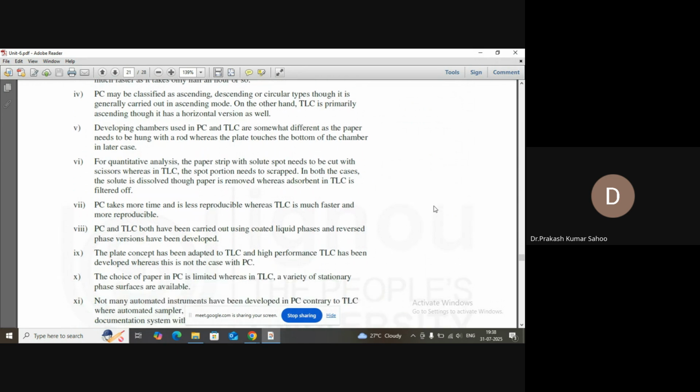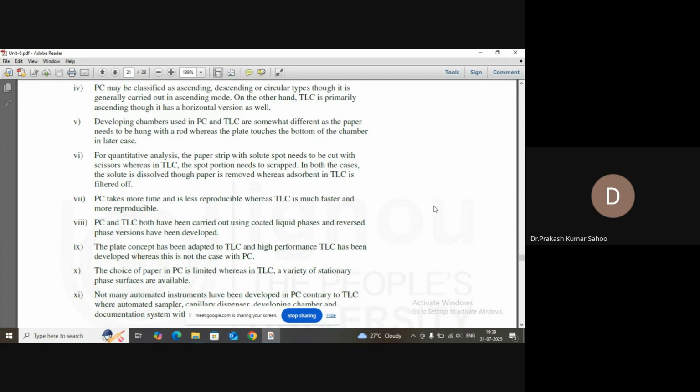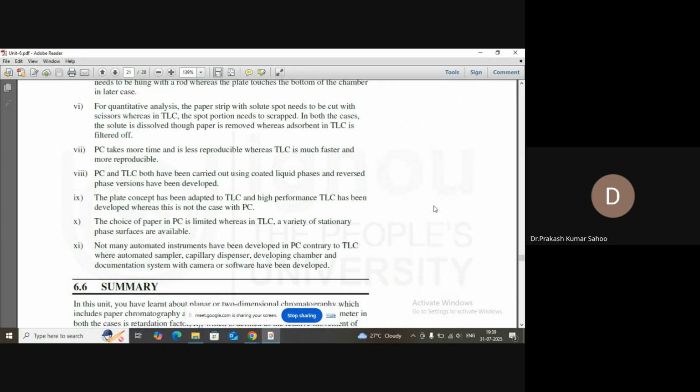The developing chamber used in PC and PLC is somewhat different, as the paper needs to be hung with a rod whereas the plate touches the bottom of the chamber. For quantitative analysis, the paper strip with solute spot needs to be cut with scissors, whereas in PLC, the spot portion needs to be scraped.